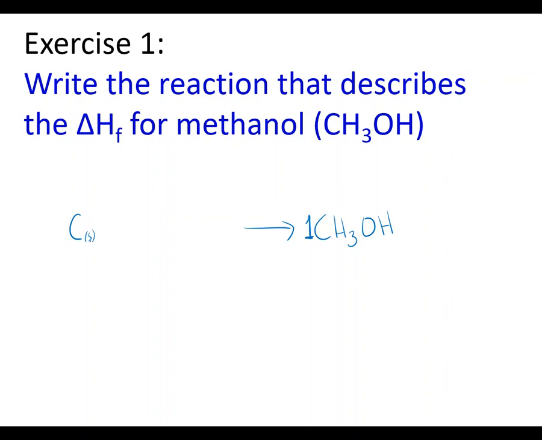And if you know anything about carbon, you would know that it's a solid at normal room temperature, so we would be citing those kind of phases. There aren't many nonmetal solids: carbon, phosphorus, sulfur, selenium, and iodine, I believe, are the only ones that are elementally solids at room temperature. Bromine and mercury are liquids, and then everybody else like hydrogen, oxygen, all of those are going to be gases.